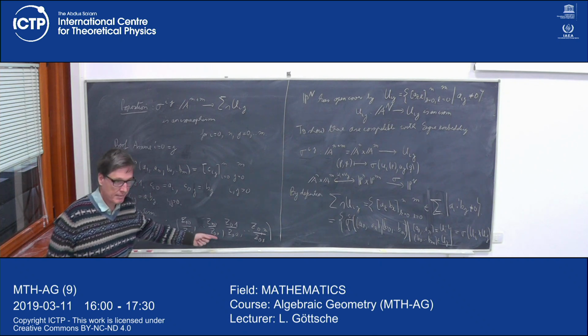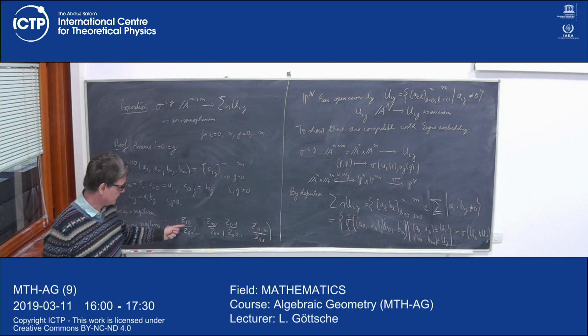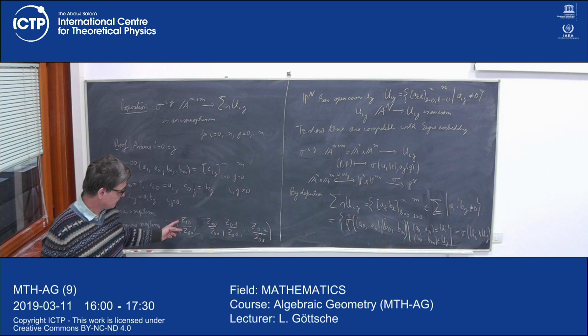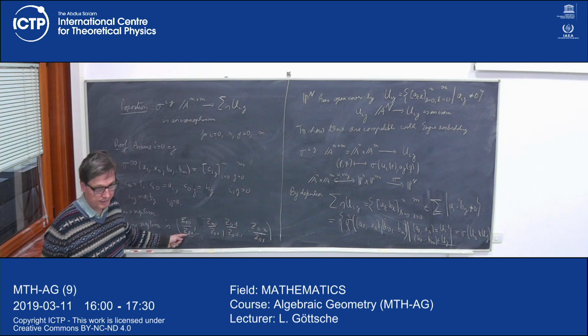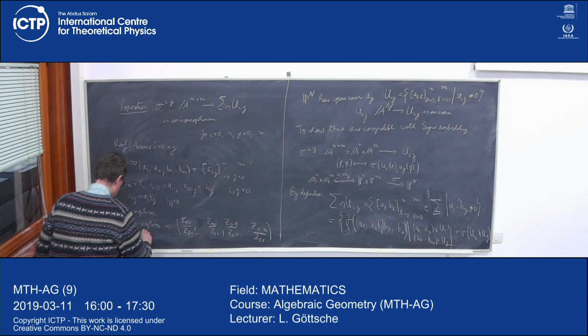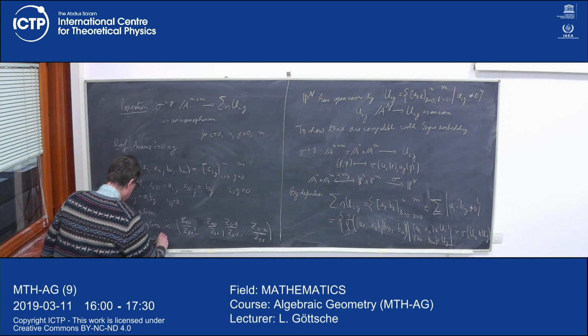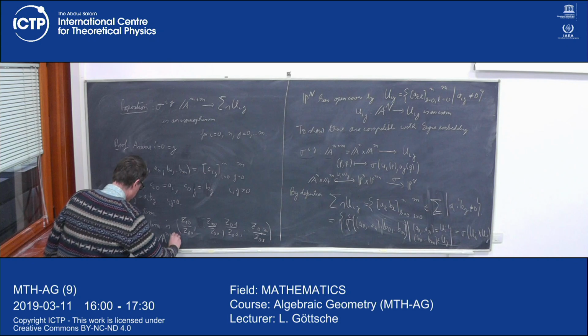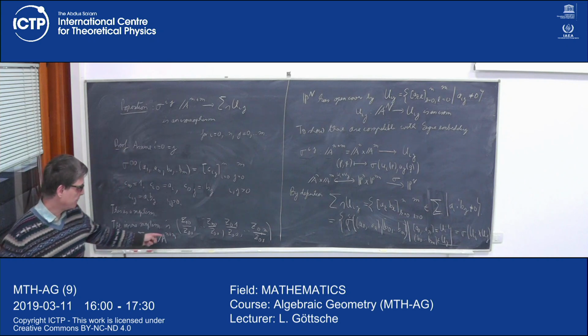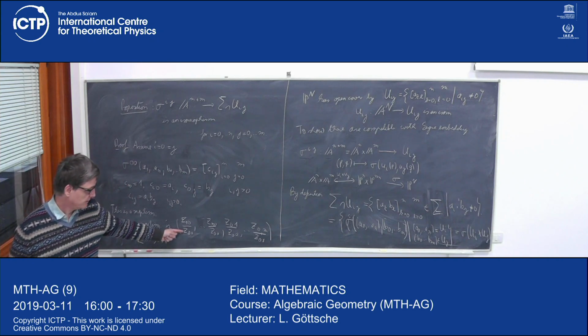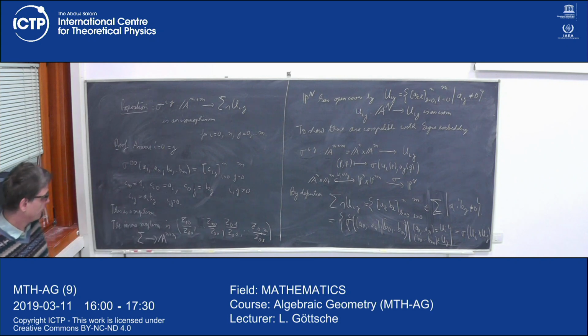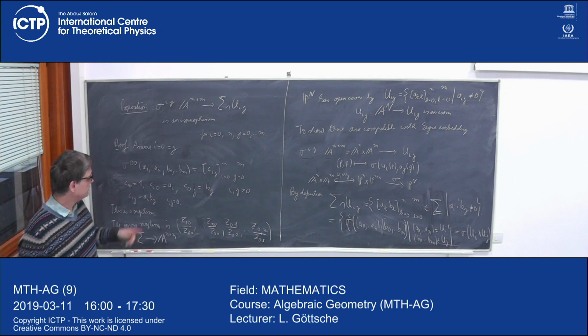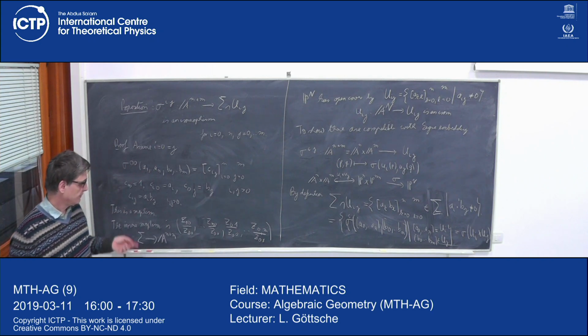We are defining a map to affine space, so what we need is that these are regular functions, that's all. And certainly these are regular functions because they are rational functions and the denominator is nowhere 0. We are defining a morphism here from sigma to A^(n+m), and for this we need an (n+m)-tuple of regular functions, and here it is.